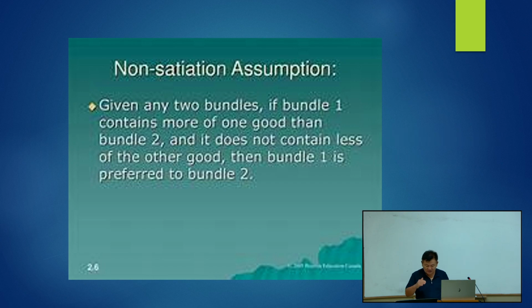The second assumption is non-satiation. Given any two bundles, say of cloth and food, if bundle 1 contains more of one good than bundle 2, and it does not contain less of the other good, then bundle 1 is preferred to bundle 2. This is the non-satiation assumption.